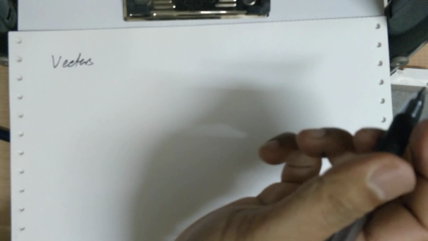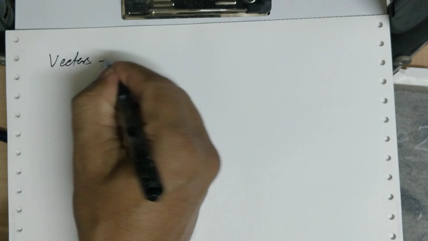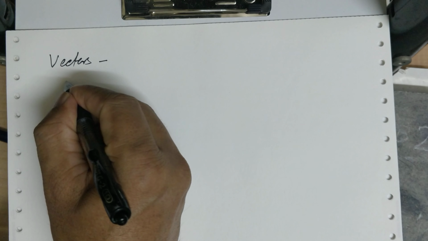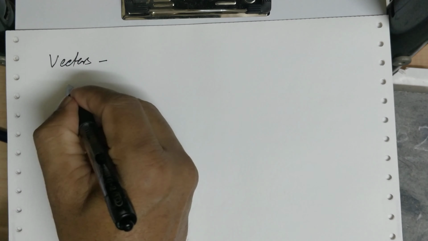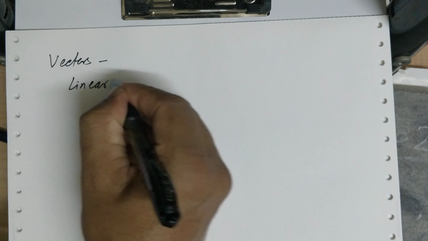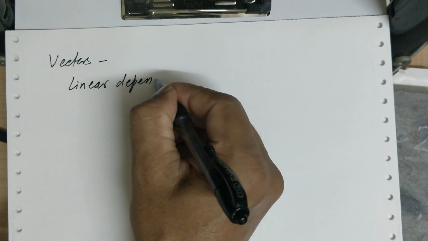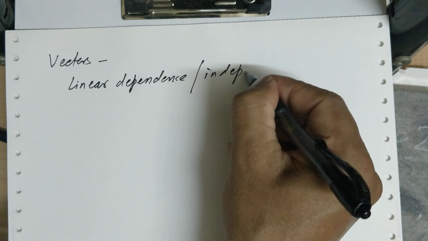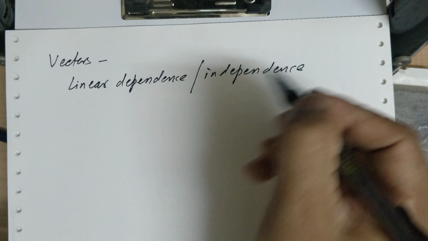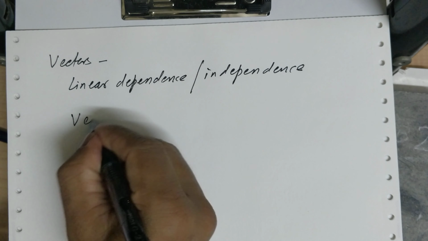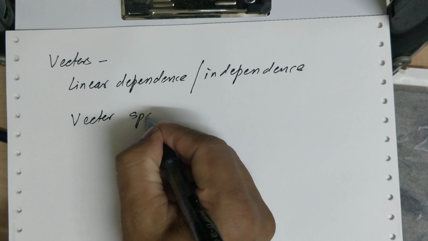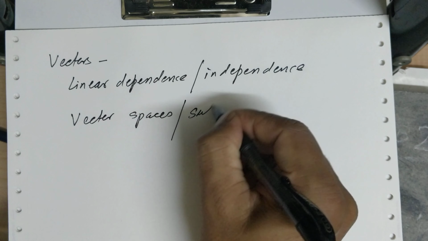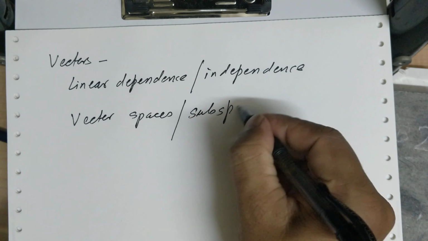Few of the things that we should know about vectors are: linear dependence or independence, we should know what vector spaces are, what vector subspaces are, vector spaces and vector subspaces.